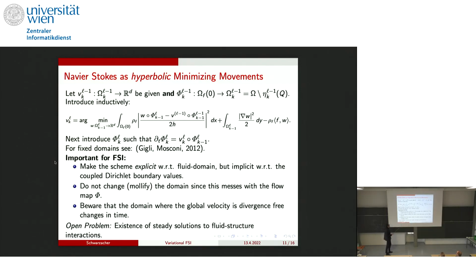You should also be careful with the different media because they have different properties. So to mollify the domain is also not a good idea here. One should keep the interface between solid and fluid very sharp. The divergence-freeness of the velocity on a time-changing domain was technically very problematic for us.